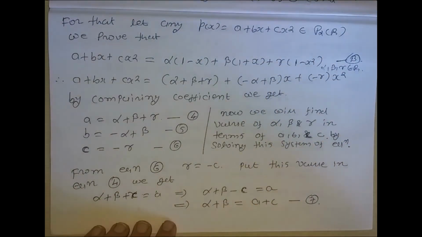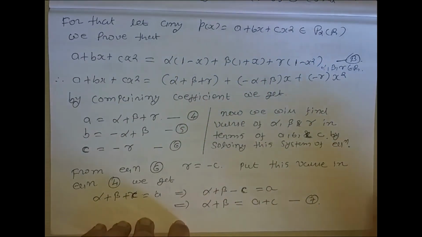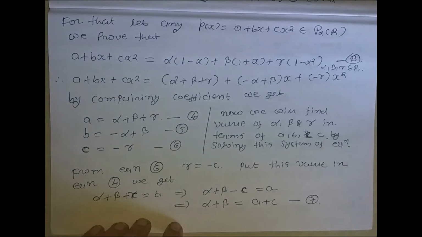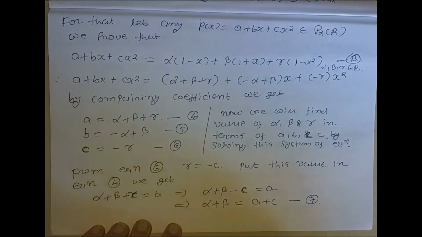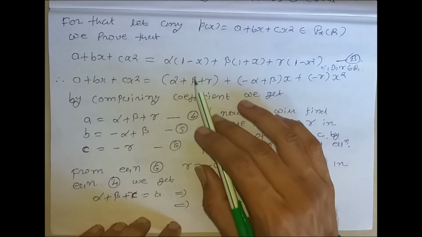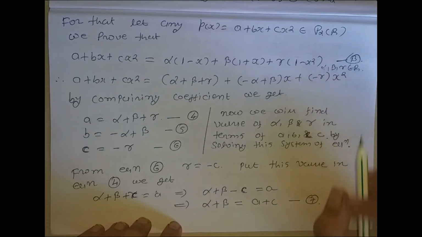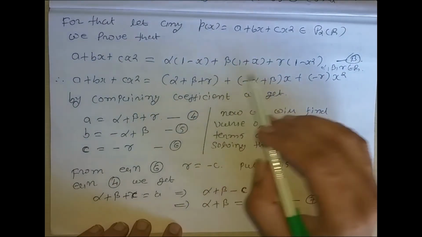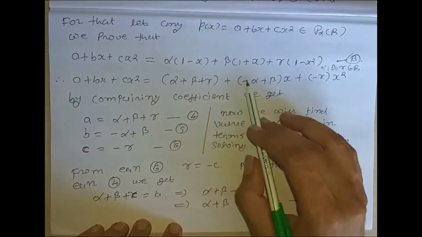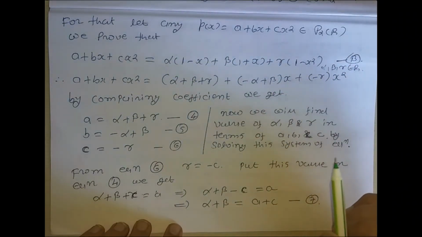Now again the same process, we will find the value of alpha, beta and gamma in terms of a, b and c as we have discussed in the previous example. So a plus bx plus cx square is equal to, collecting the constant coefficient, coefficient of x and coefficient of x square, alpha plus beta plus gamma, minus alpha plus beta, and minus gamma.